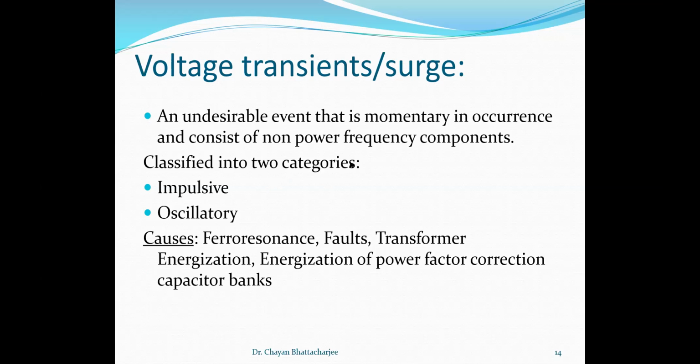They are classified into two categories: impulsive and oscillatory, which we have seen earlier. The general causes are ferro resonance, faults, transformer energization, and energization of power factor correction capacitor banks, which we have discussed a little.